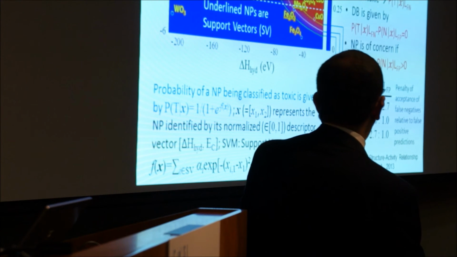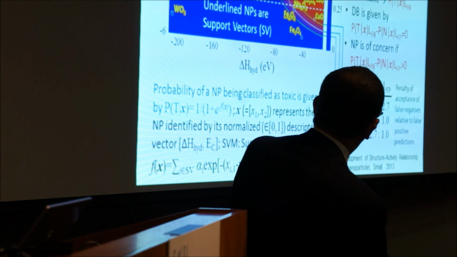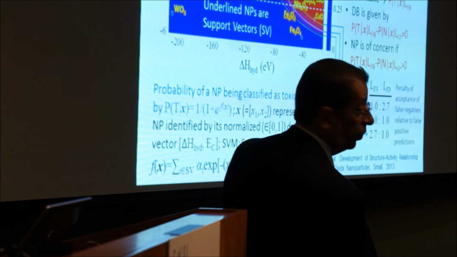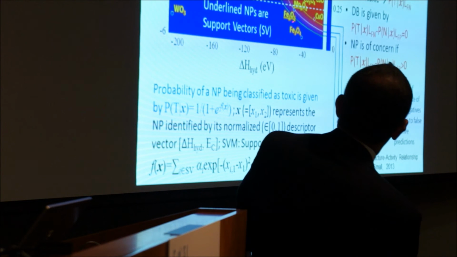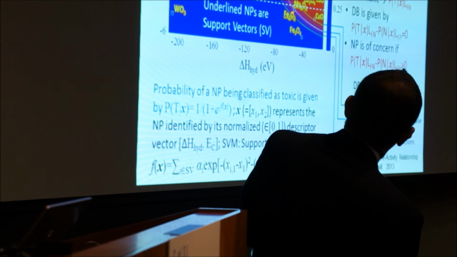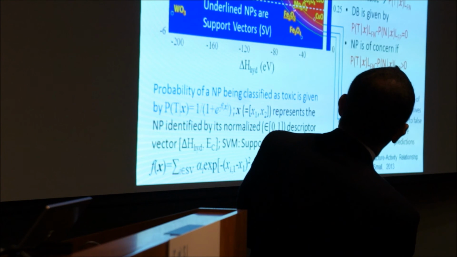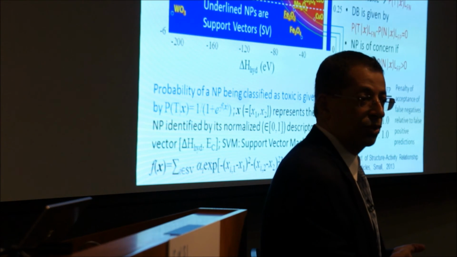On the other hand, if you say, no, I really want to be overprotective, then I want to increase the penalty on false negatives. Then this area is enlarged, and now you see that we would classify those in blue as toxic with a certain probability. So that would be a false positive in this case.